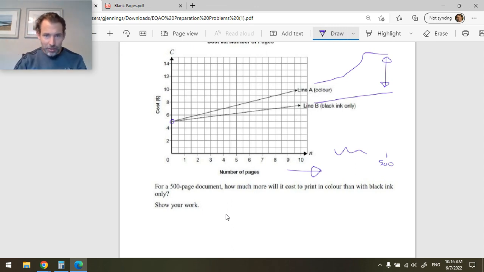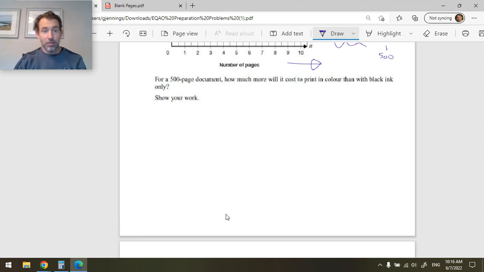All right. So one thing I notice is that it goes through integer points here at 4. So that's going to be nice to give me my rise and my run. Okay. The black and white rose $1 for every 4 pages. The color rose $2 for every 4 pages. Okay. So here's black and white work.